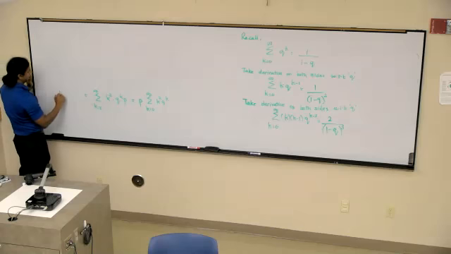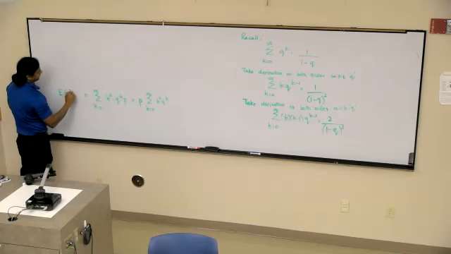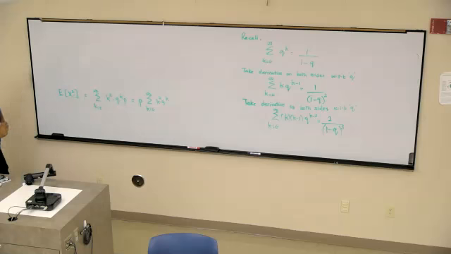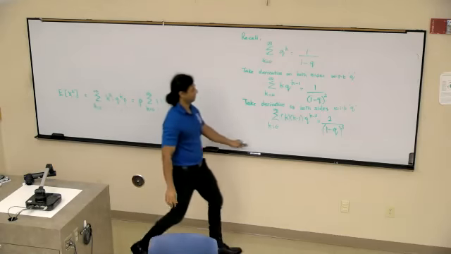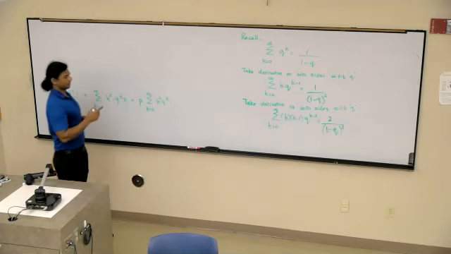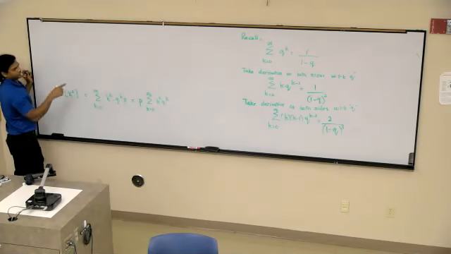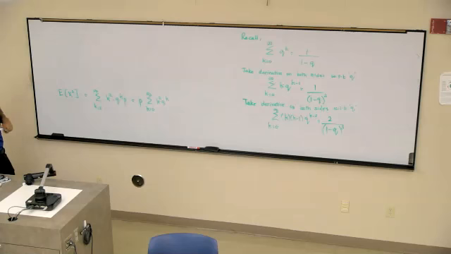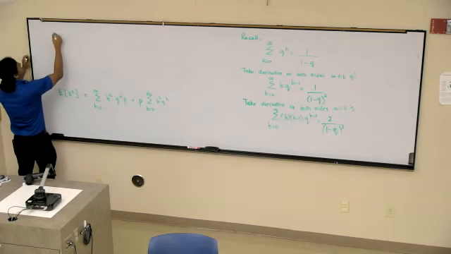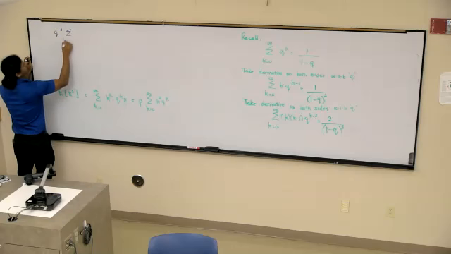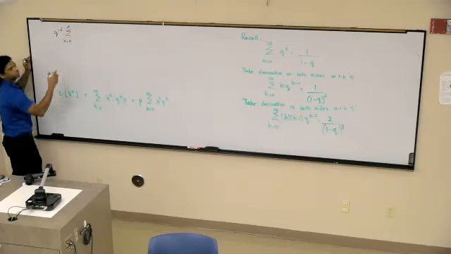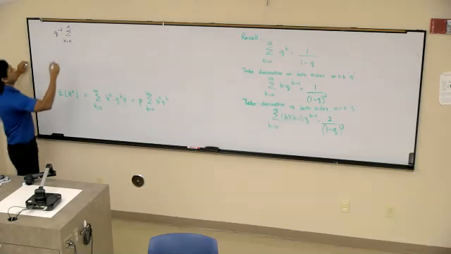Going to keep this time. So I can pull over q squared, or q raised negative 2, out. That's what I meant by over q squared.